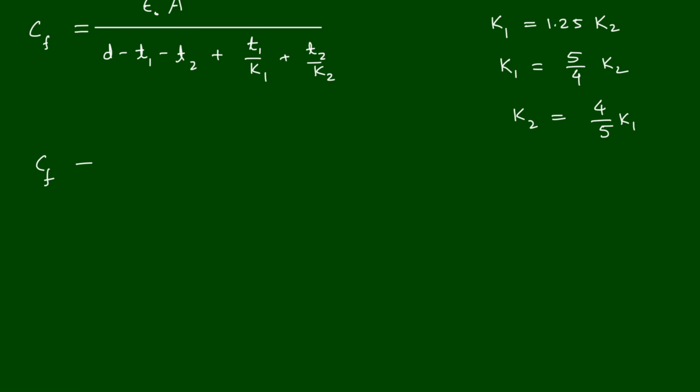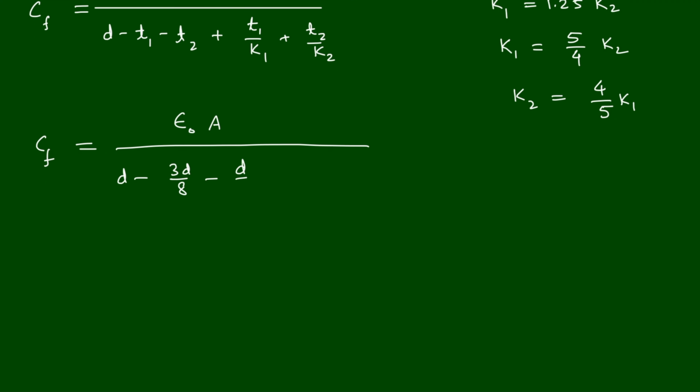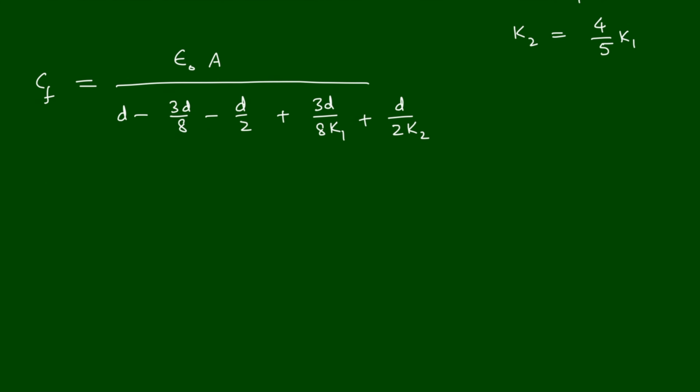C final is equal to epsilon naught A divided by D minus T1, which is 3D by 8, minus T2, which is D by 2, plus T1 by K1, 3D by 8 K1, plus T2 by K2, D by 2 K2. Now this part, if you solve, will be D by 8.